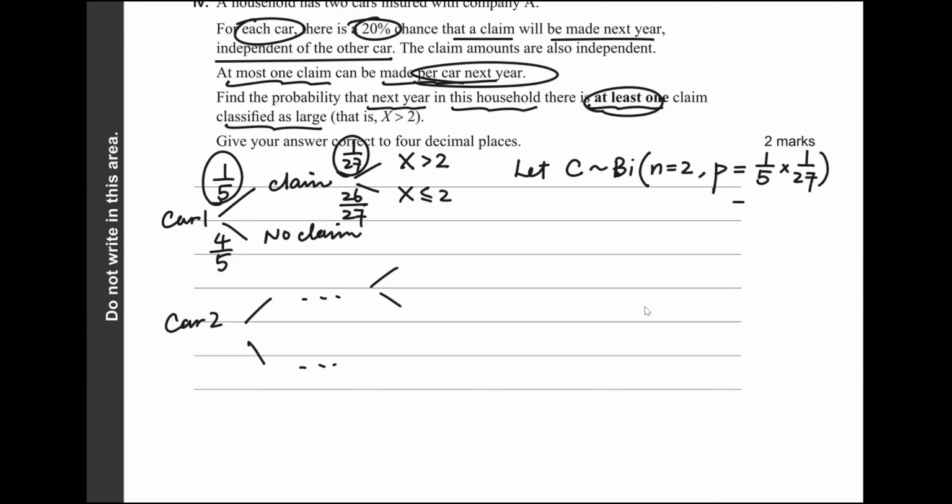So that is actually 1 out of 135, I suppose. Then I would like at least 1 claim classified as large. So we say probability of C greater than or equal to 1. That is a binomial CDF anyway. Binomial CDF 2, 1 out of 135, comma, 1 to 2.